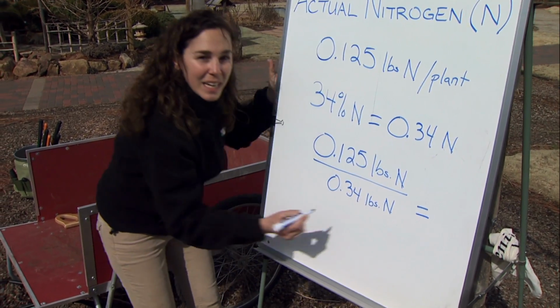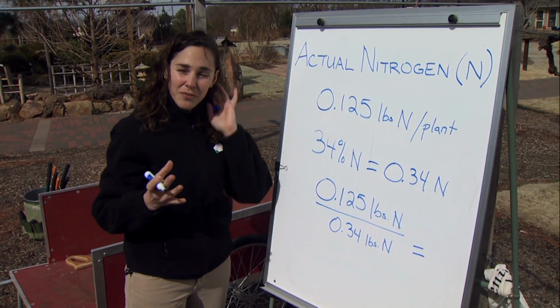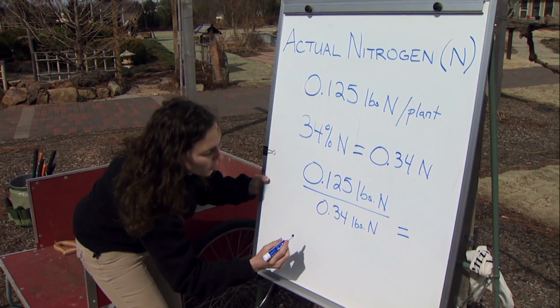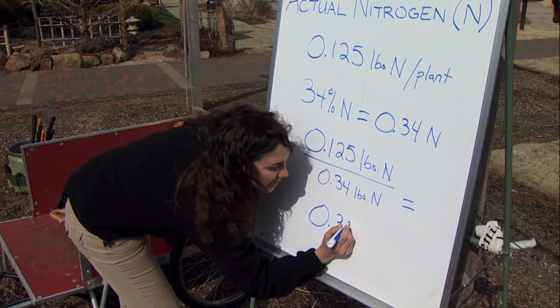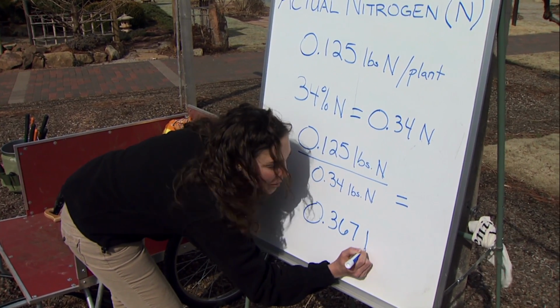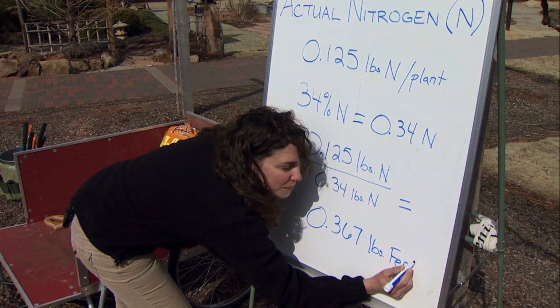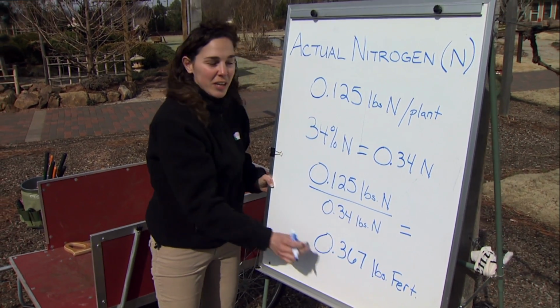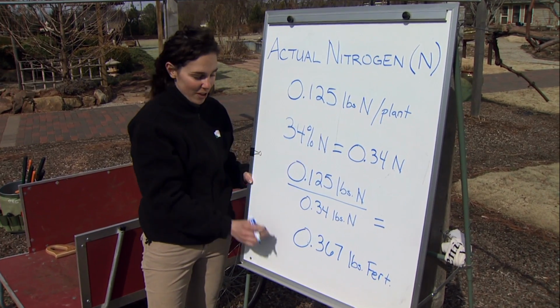And what we get is the amount by weight that we need of our fertilizer. So what we end up with is 0.367 pounds of fertilizer. And this is specific to our 34% nitrogen ammonium sulfate fertilizer.